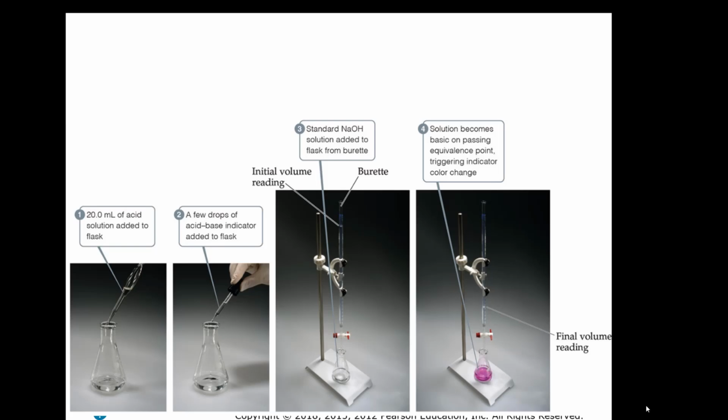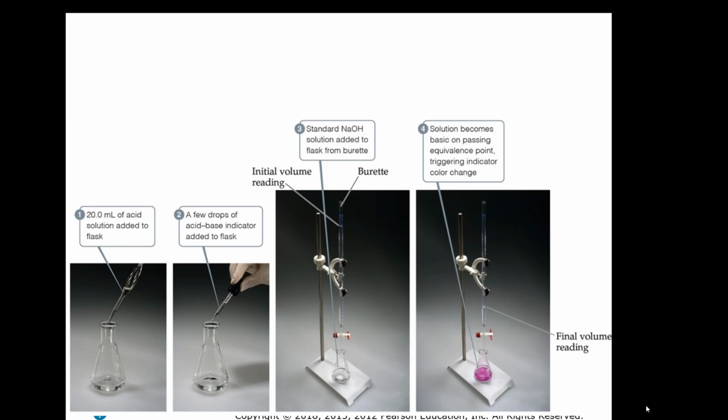A typical titration begins with a beaker or Erlenmeyer flask containing a very precise volume of the analyte and a small amount of indicator. In this example, we use phenolphthalein. Phenolphthalein is used because it's clear colorless in an acidic solution and this pretty pink color in a basic solution.